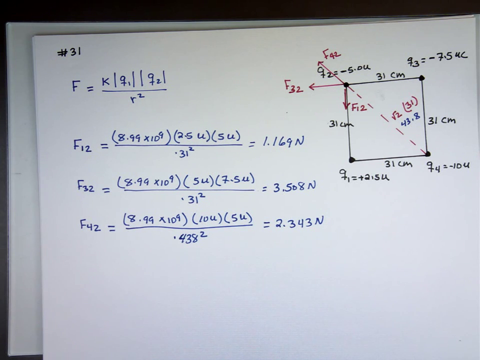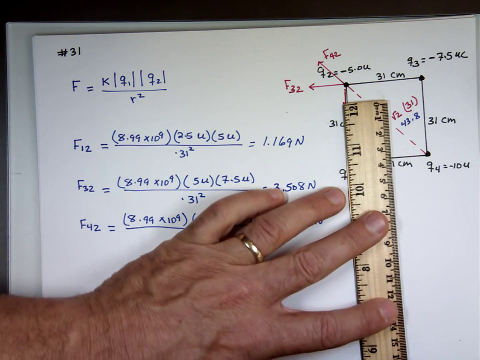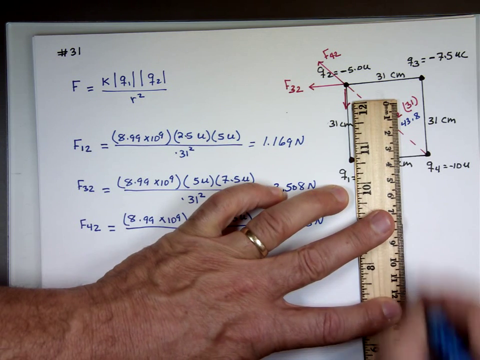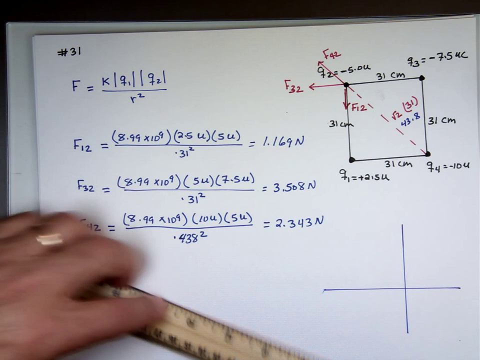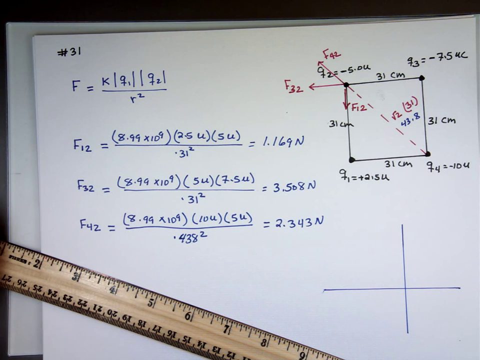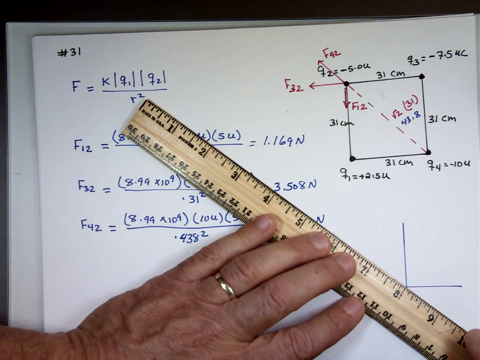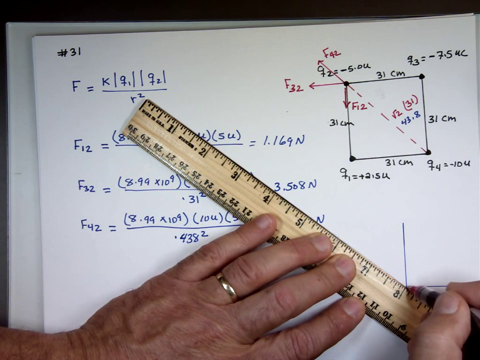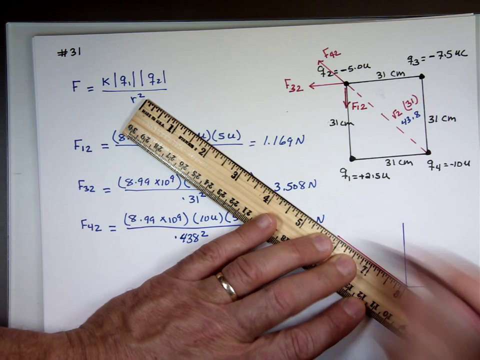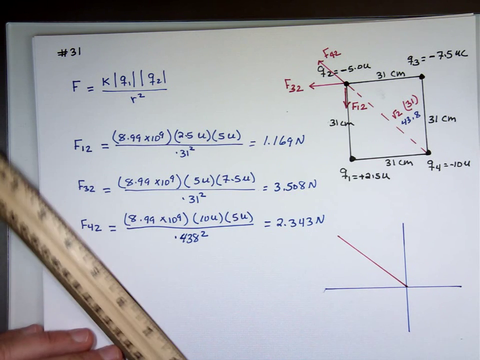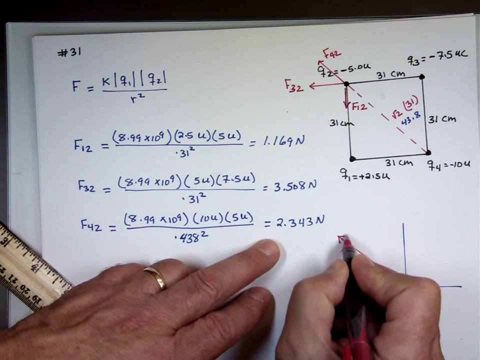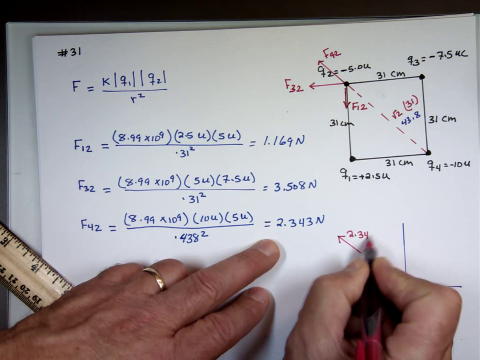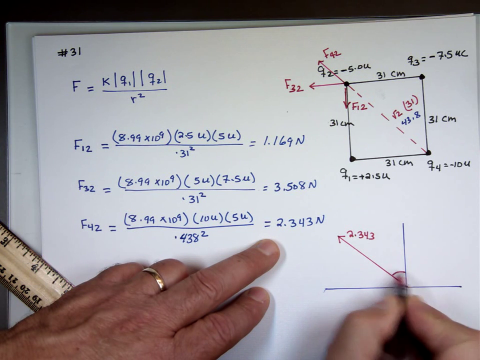Now I've got to do a vector addition. If you put your x and y axes at Q2, this is what you see. You see F42, that's this one, at the square root of 2 times 31, Pythagorean theorem. You get a value in this direction of 2.343, and this angle is actually 45 degrees because it's a square.